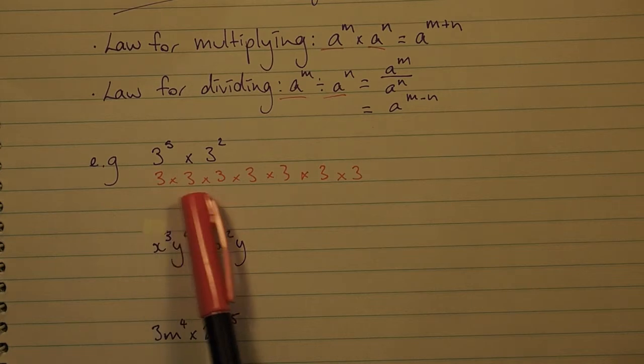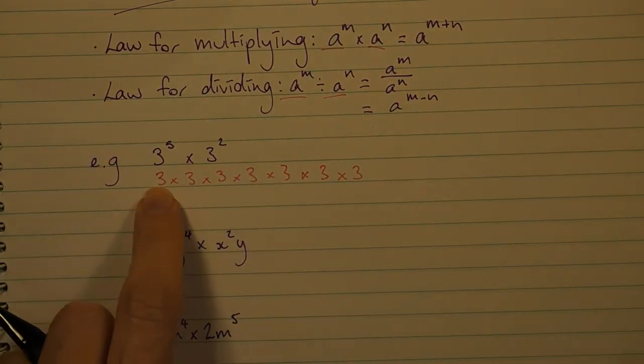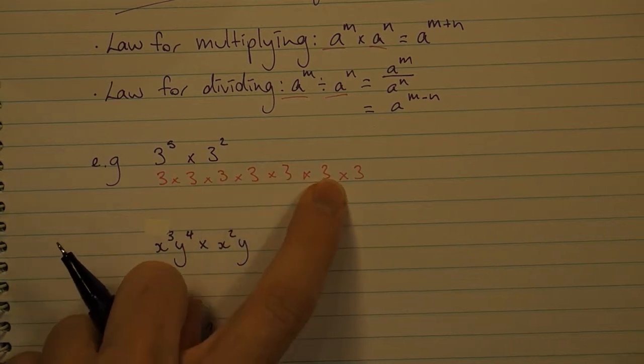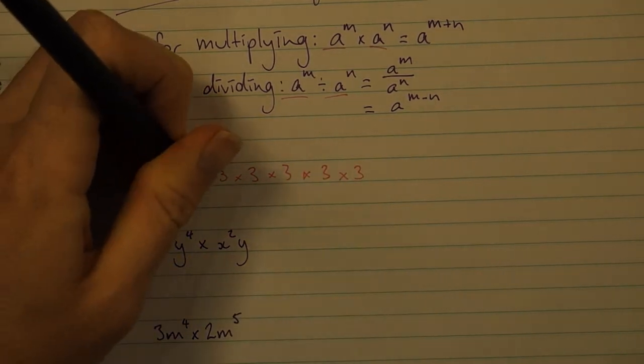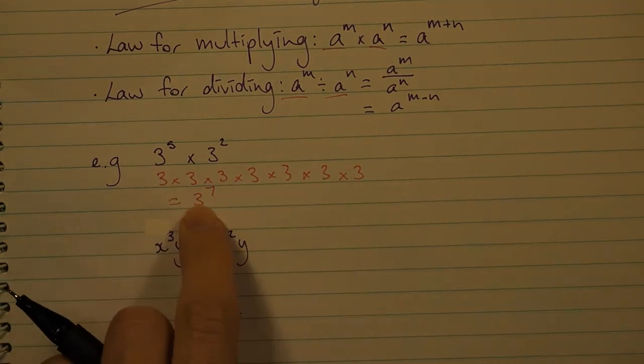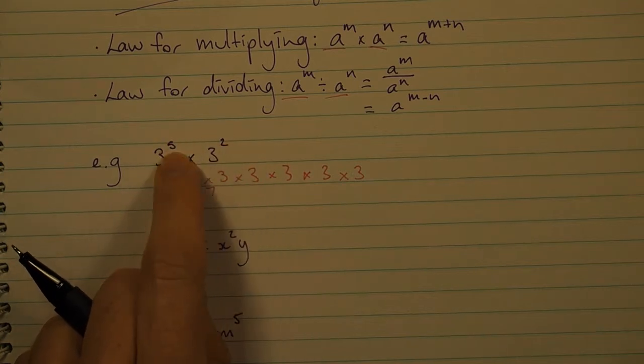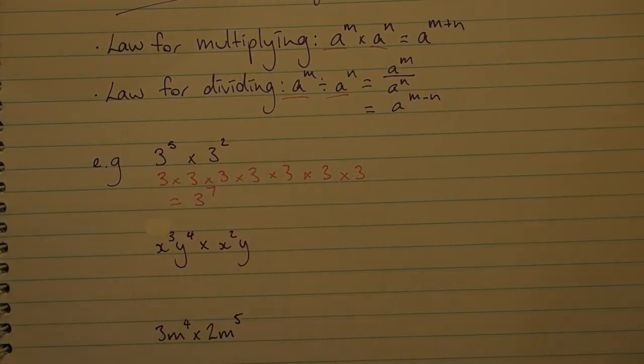Once we've got it written out in expanded form, we can see that we now have 3 to the power of 1, 2, 3, 4, 5, 6, 7. To save us having to write that out all the time, we can see 3 to the power of 7; we had 3 to the power of 5 multiplied by 3 to the power of 2. Of course, 5 plus 2 gives us 7.